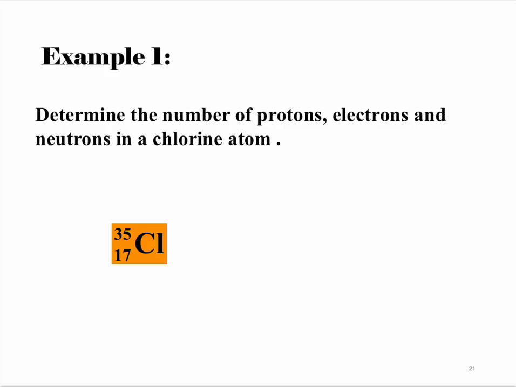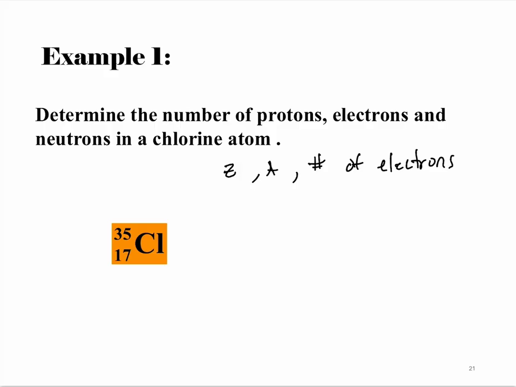That means we want to find Z, A, and the number of electrons. All right, so what's one thing you can look at this immediately and tell the number of?